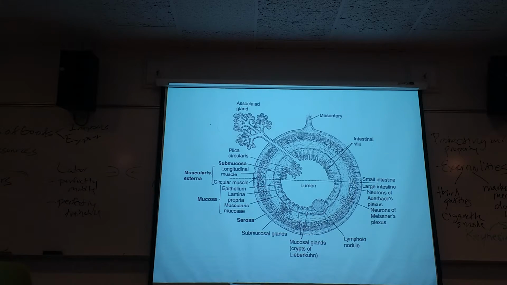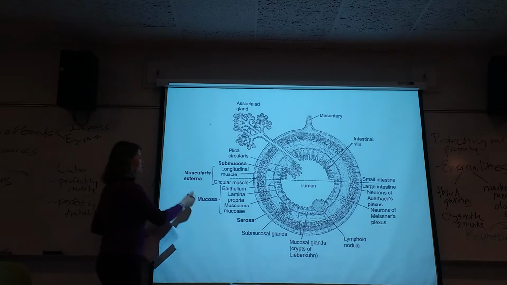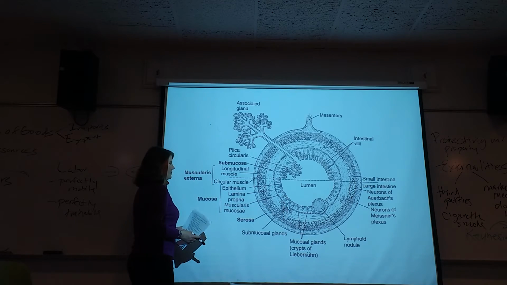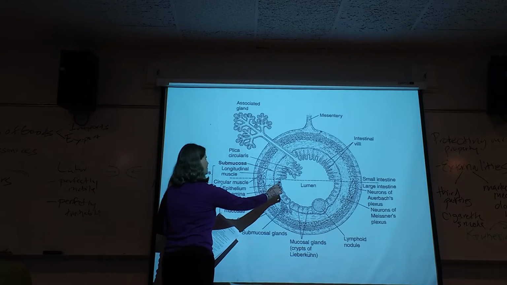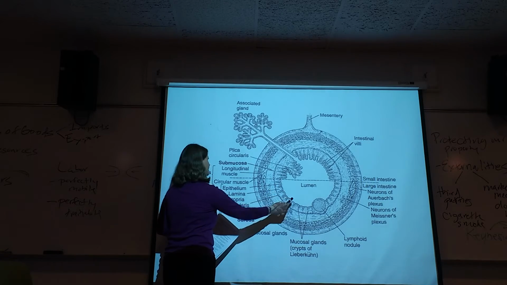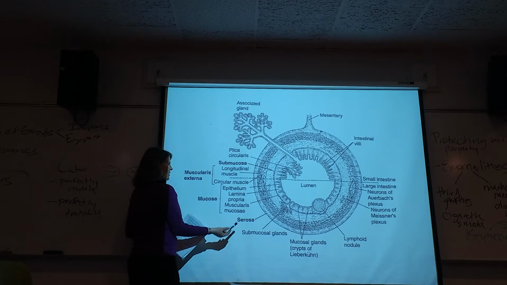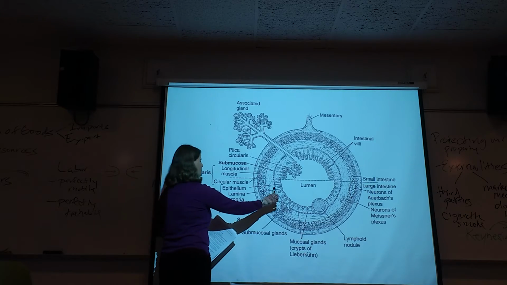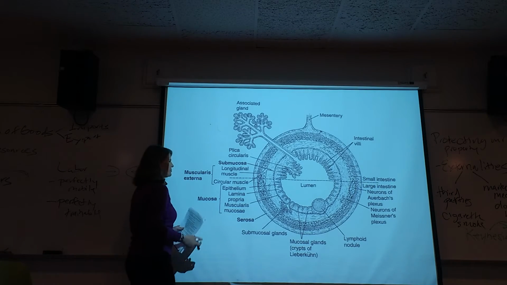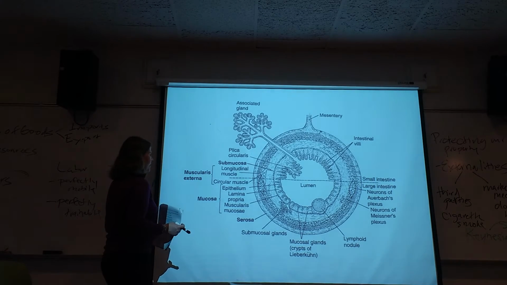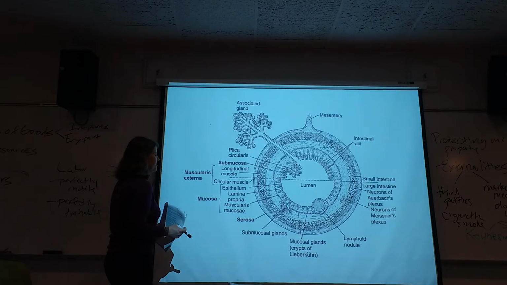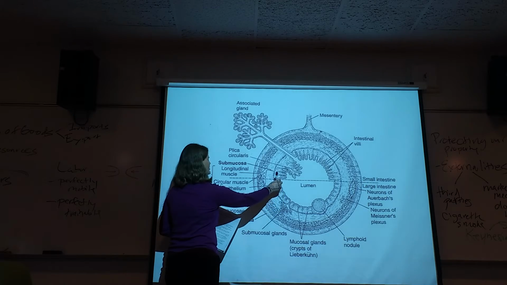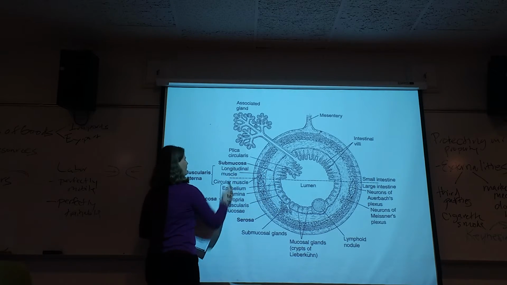So you can see here these four different layers. So we have the mucosa, which is the innermost lining here with the epithelium. And you can see here's the layers of that. So the innermost layer is this epithelial layer facing the lumen. And then we have this layer of connective tissue, and then we have the muscularis mucosae. Okay, and then we have the submucosa, which is immediately inward from the mucosa. So mucosa, submucosa here.